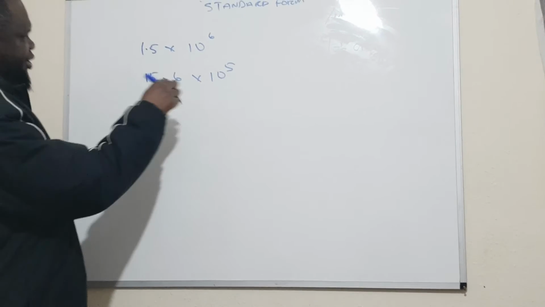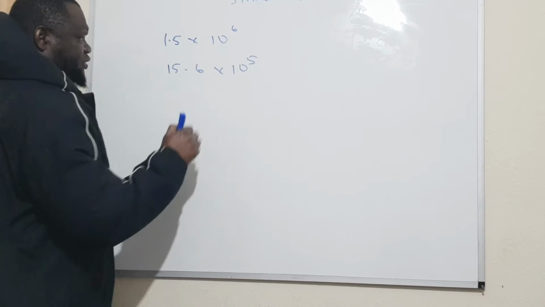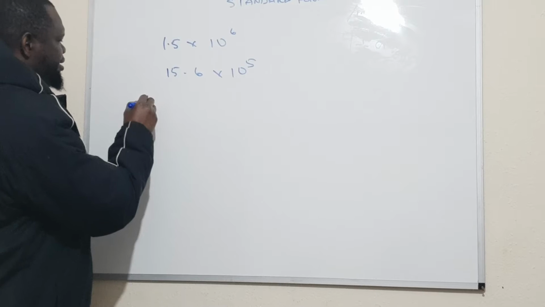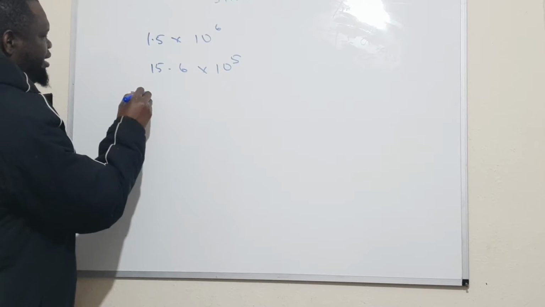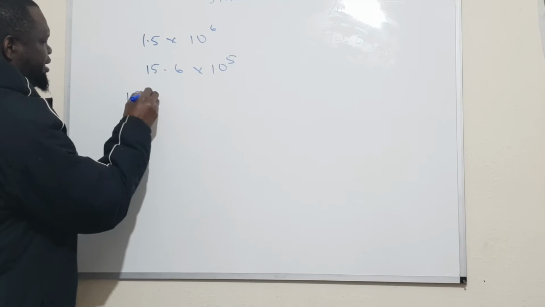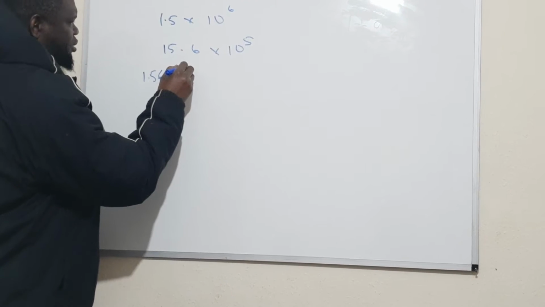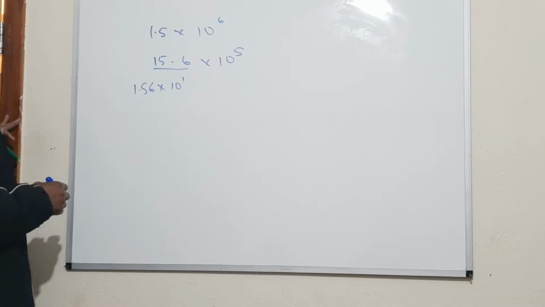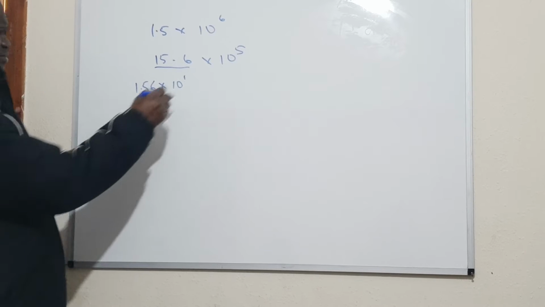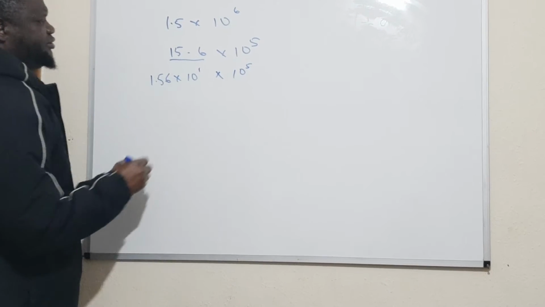Now, if you are going to take it to standard form, this thing has to change. Because 15.6 in standard form is 1.56 times 10 to the power 1, times 10 to the power 5, which is already there.